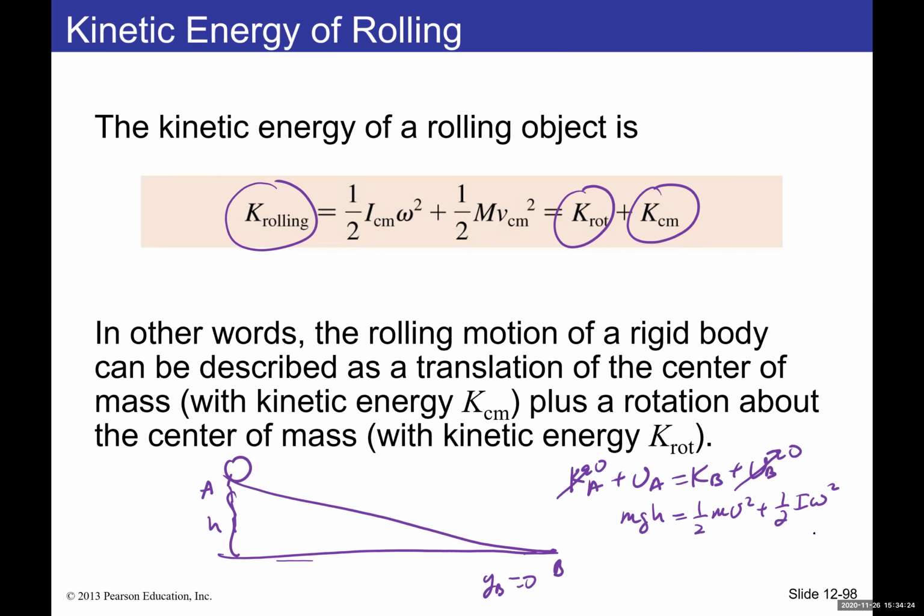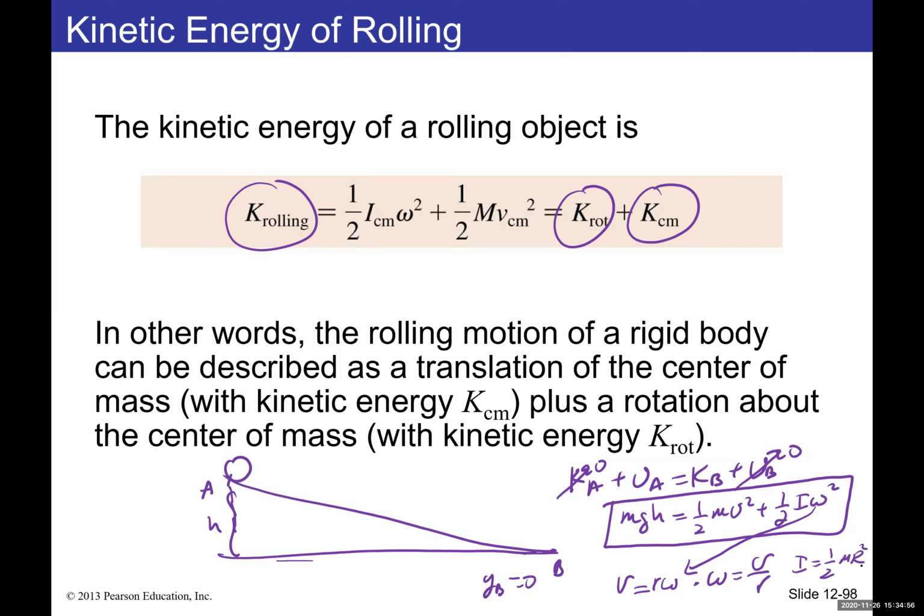So you can still have this equation, which is conservation of energy, if it's a rolling object, as long as it's a shape that can roll without slipping, and it can go from point A to point B, and you can use this to solve for the velocity. One thing we usually do here is replace omega with V over R, remembering V equals R times omega. And if it's a disk, I is 1/2 mr squared.